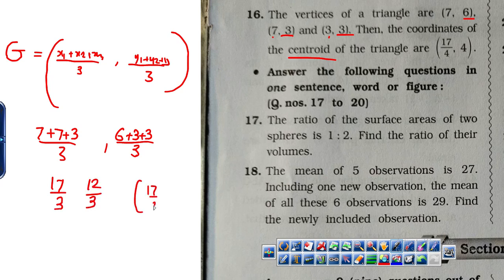Therefore, according to my calculations, the centroid is 17 by 3, 4. उन्होंने लिखा है 17 by 4, 4. Therefore, the answer is false.